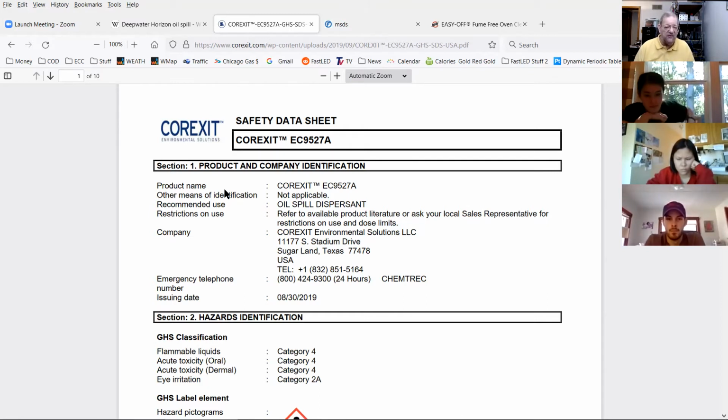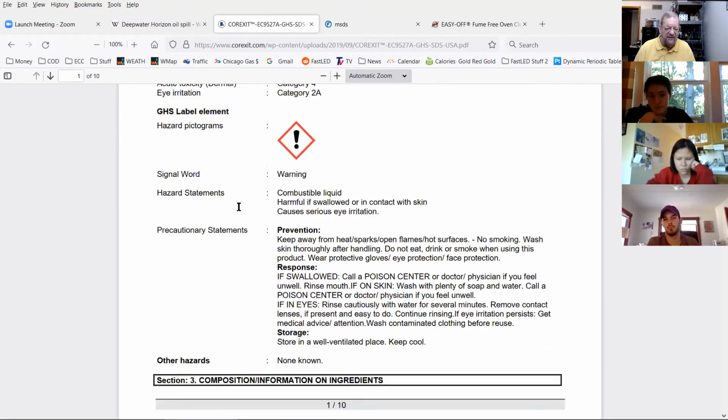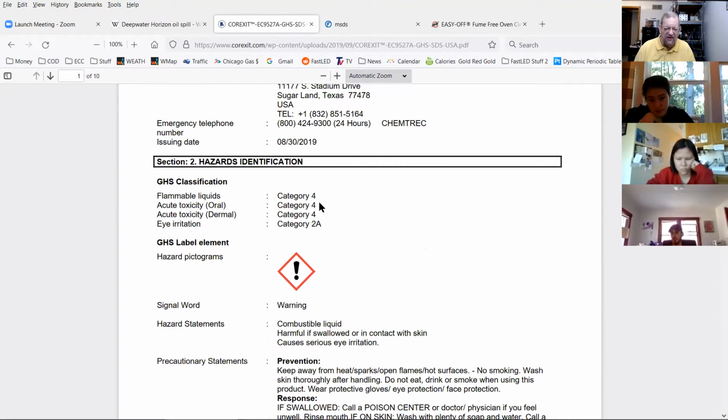But anyway, they always have a section 1, product and company, then hazards. They used to have written hazards. They still have some, but with the ratings, 0 is the least hazardous and 4 is the most hazardous. Notice for toxicity, dermal, your skin, inhaling, or getting it in your mouth, it's 4. This is nasty stuff.